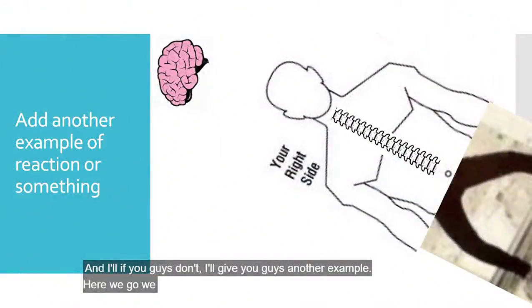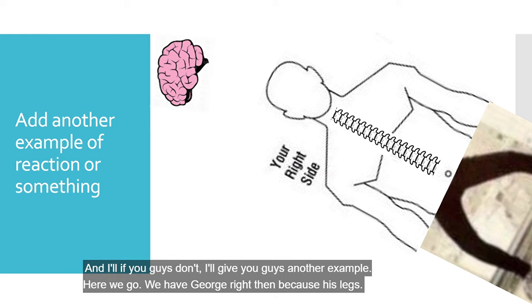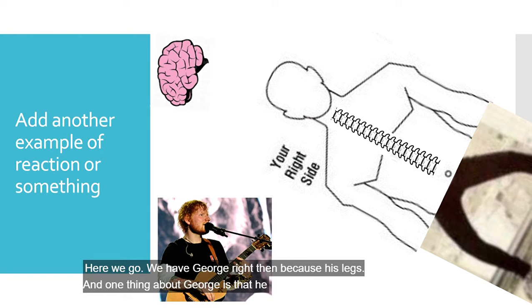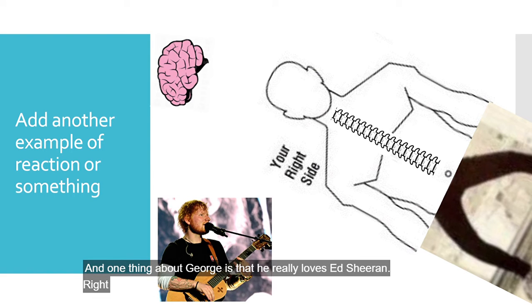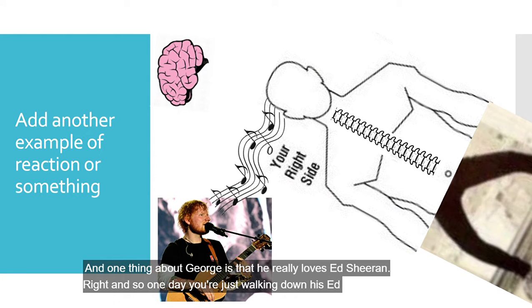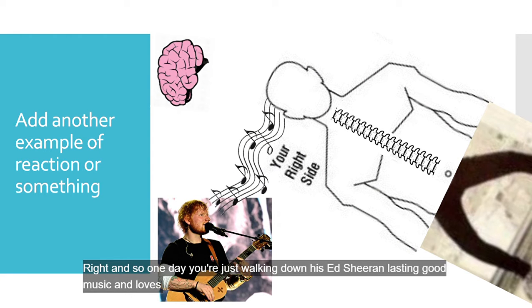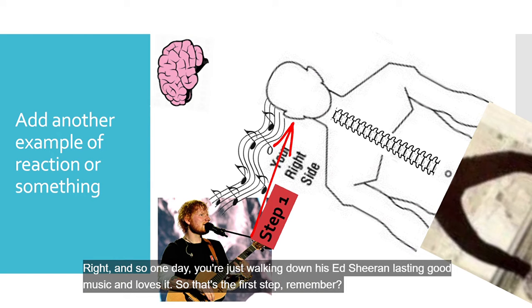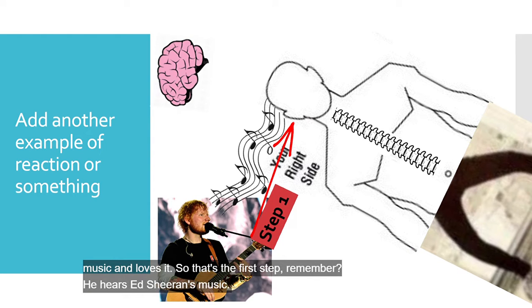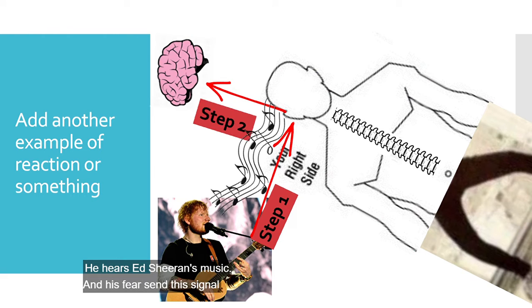So here again, we have George, right? This time you can see his legs. And one thing about George is that he really loves Ed Sheeran, right? And so one day, George was walking down and he hears Ed Sheeran blasting his music and he loves it. So this is the first step, remember? He hears Ed Sheeran's music and his ears send this signal to his brain and it tells him, hey, Ed Sheeran's playing.